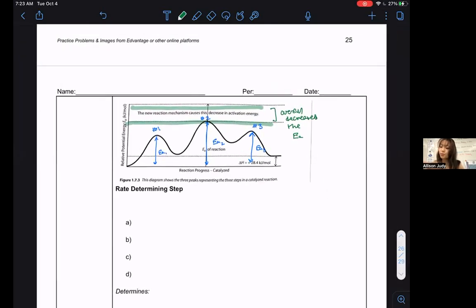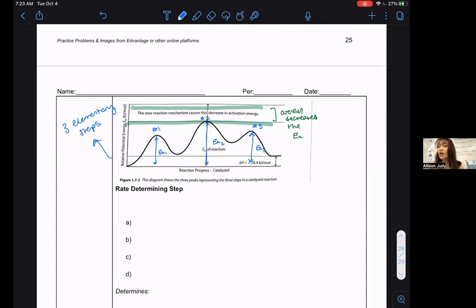So when we break down a reaction into multiple elementary steps, which I introduced in the last lecture, there are 3 elementary steps now. When we do this, there's always one elementary step that we say is the rate determining step, the slowest step that overall determines how fast the reaction is.